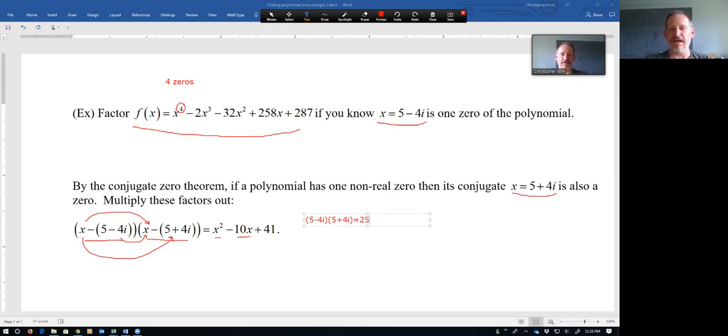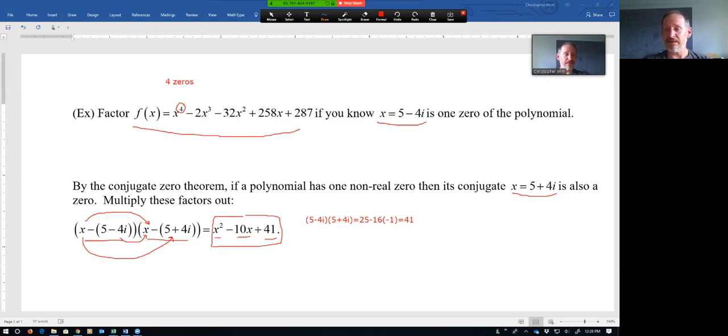Middle terms would give me minus 20i plus 20i, so those subtract out. And then I'll have a minus 16i squared, which is going to be a plus 16, because i squared is negative 1. That will give me the 41, which you see right here. This polynomial here will be a factor of the original one because it takes into account these 2 imaginary zeros.